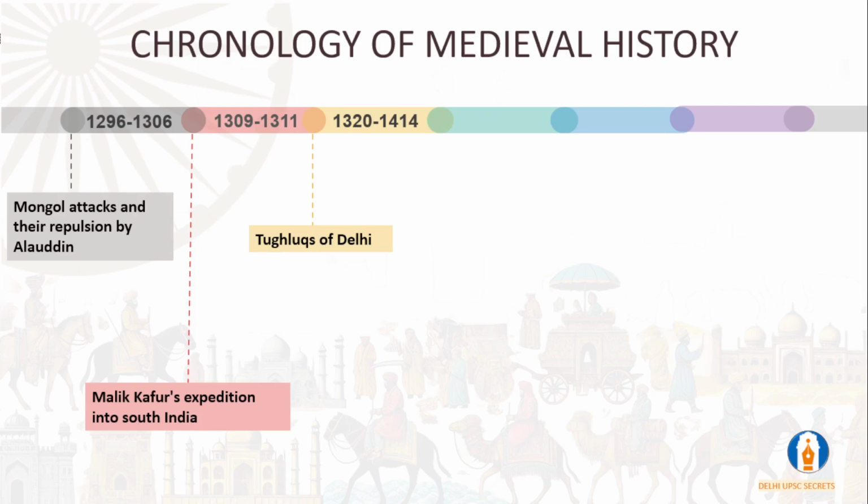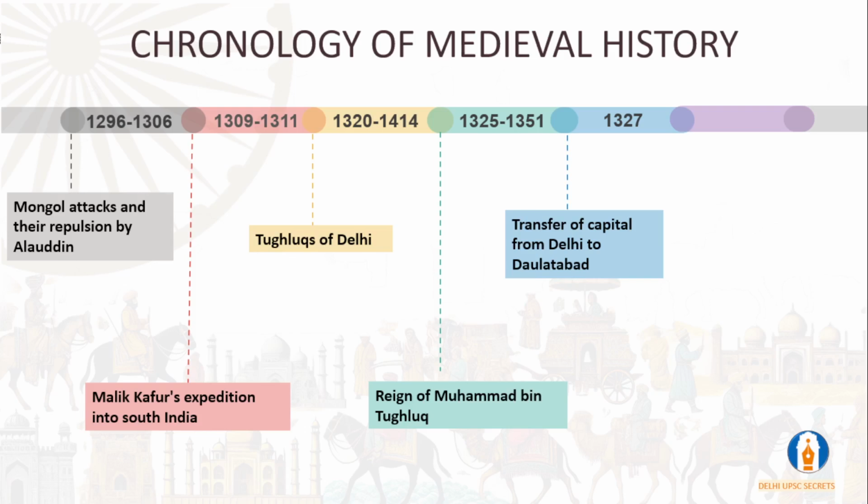Then we have Muhammad bin Tughlaq in 1327 AD, famous for shifting his capital from Delhi to Daulatabad, issuing token currency, and many more. 1325 to 1351 is the reign of Muhammad bin Tughlaq, and hope you all might be knowing the transfer of capital happens.